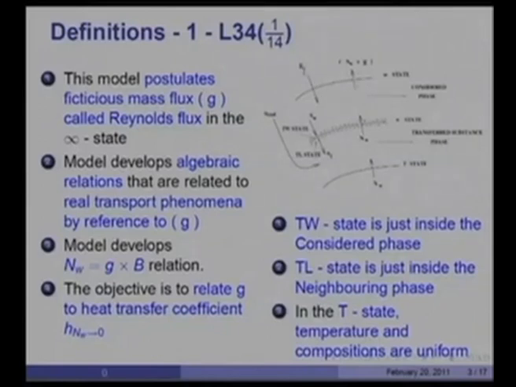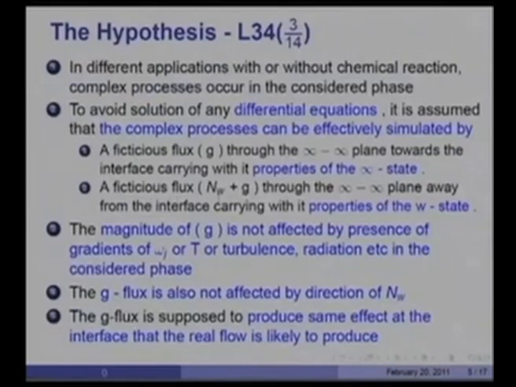The G flux carries with it the properties of the infinite state as it moves towards the interface, whereas Nw plus G moves away from the interface and carries with it the values of the W state. So, that is what I have said: a fictitious flux Nw plus G through the infinity plane away from the interface, carrying with it properties of the W state.